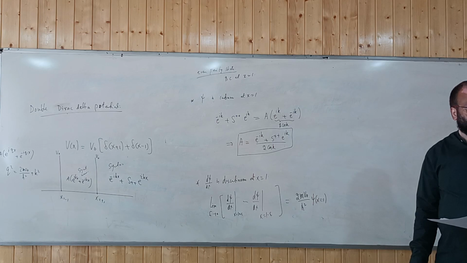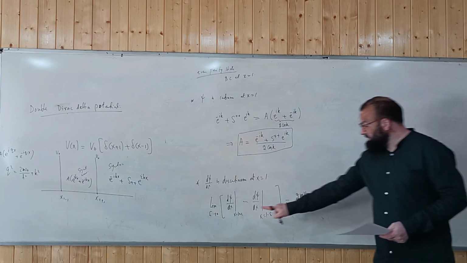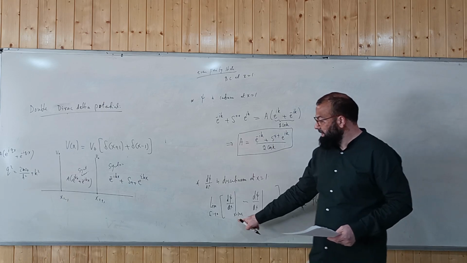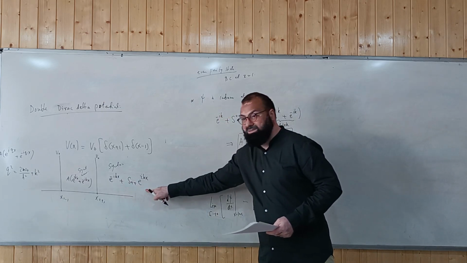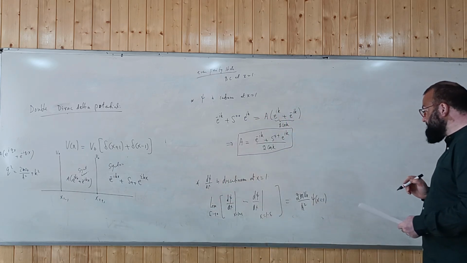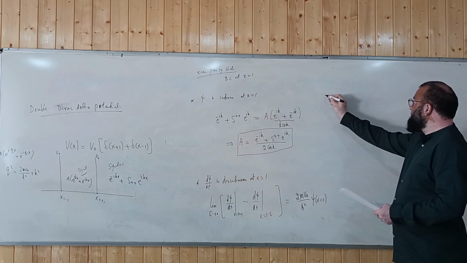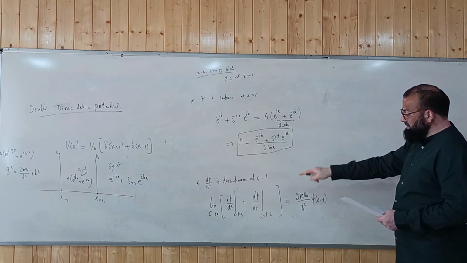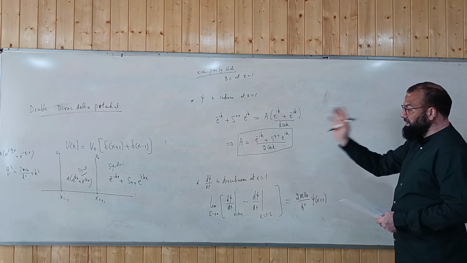Got it? Everybody? So now let's take d psi by dx at x equal to 1 plus epsilon. So that means I have to choose this very thing. Okay, so let's do it. When I put epsilon tends to 0, let's first calculate d psi by dx on the right hand side.